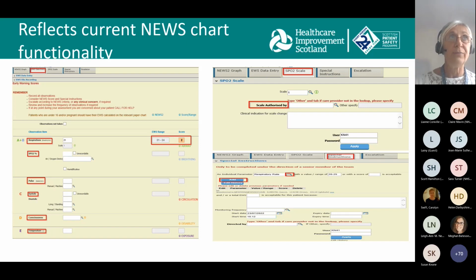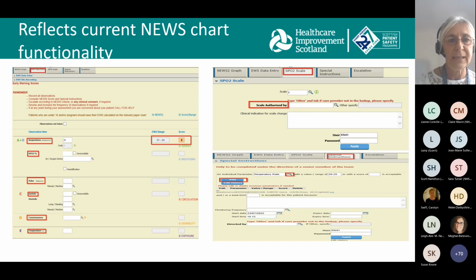We wanted to develop something, again, Gavin spoke about this, that would really feel like the current process and reflect the current processes, but happen within the electronic system, which has a number of the benefits that Gavin has covered and that I will also simply repeat that we've found within Lothian. So the processes around news functionality, we're collecting our data in the same way.